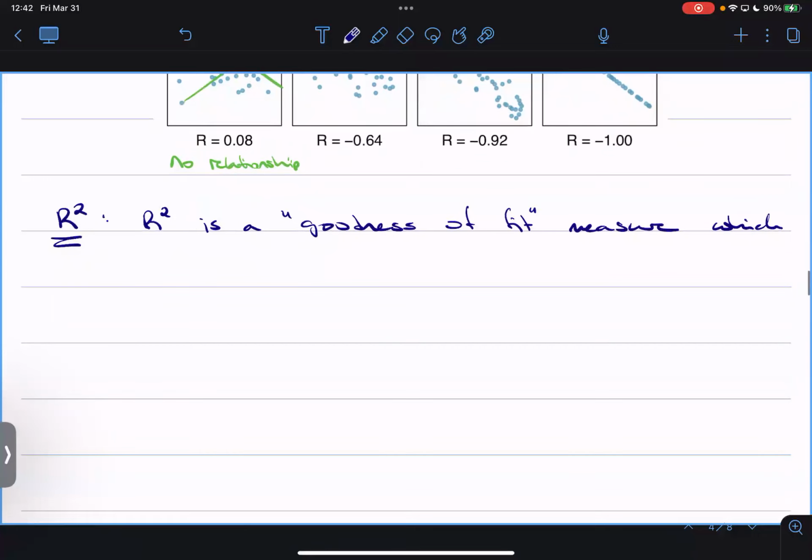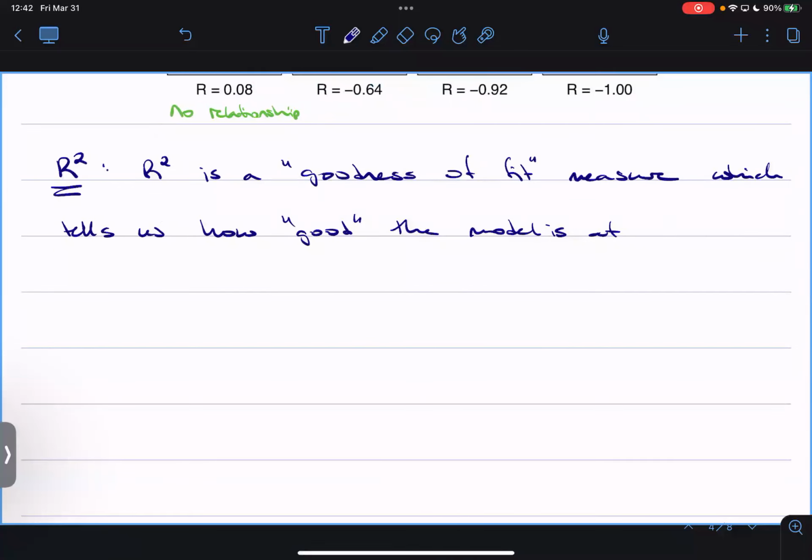Okay? So which tells us how good the model is at modeling the relationship between X and Y.